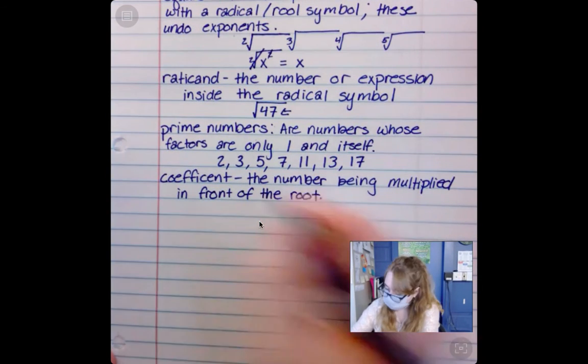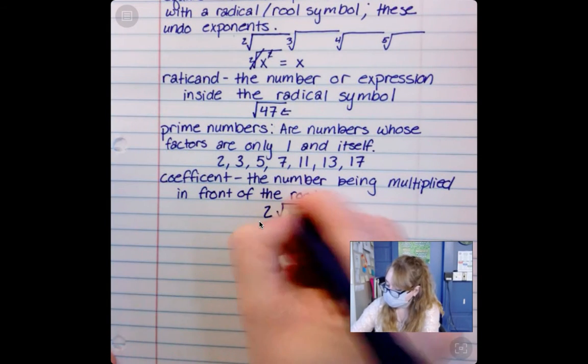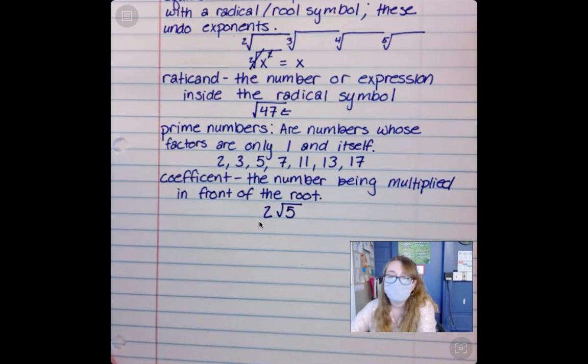All right, so just an example here. If we have a 2 outside of a square root of 5, then this 2 would be our coefficient here. And we're going to read this just like we do normal reading, left to right. We're going to read it 2 root 5.